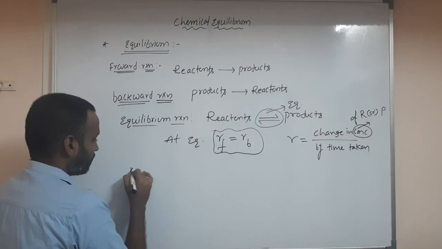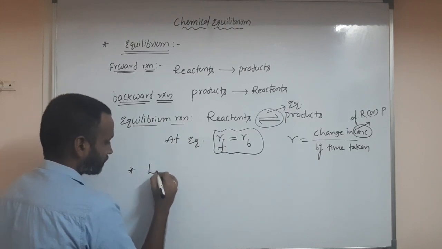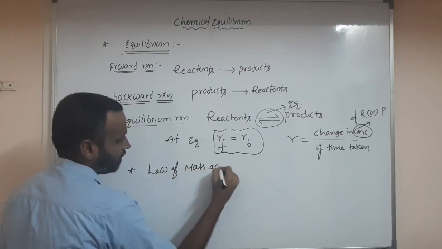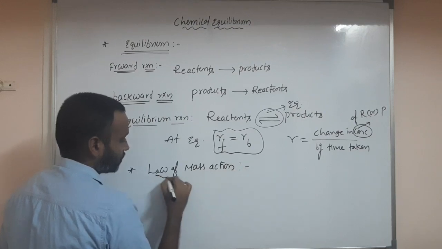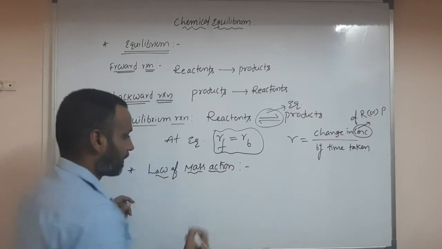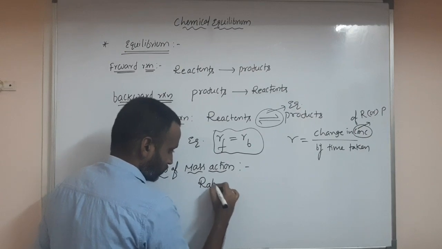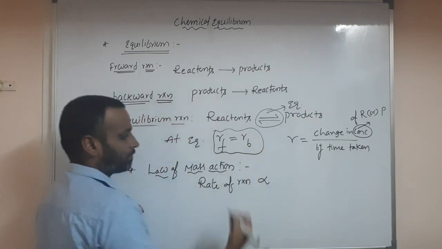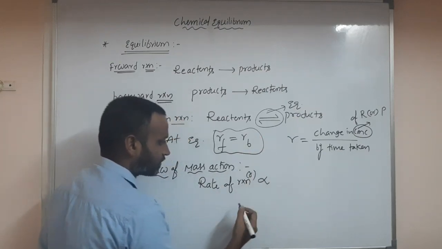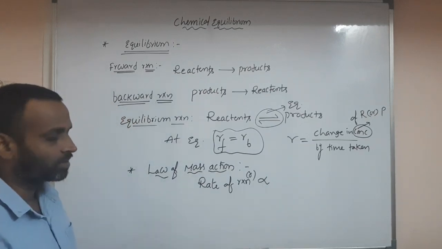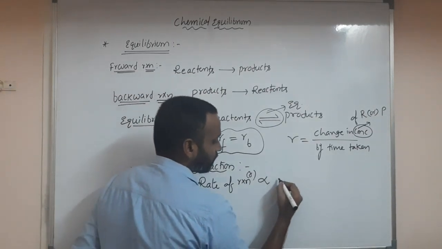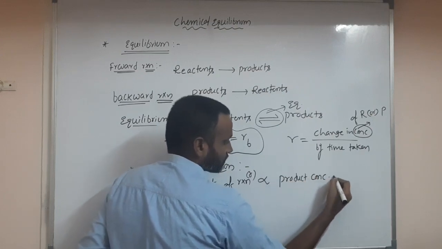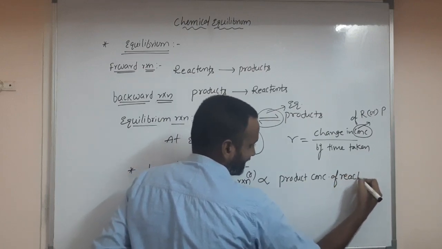Next, the most important thing: what is the law of mass action? This was given by Guldberg. According to the law of mass action, the rate of reaction, small r, is directly proportional to the product of concentrations of reactants.